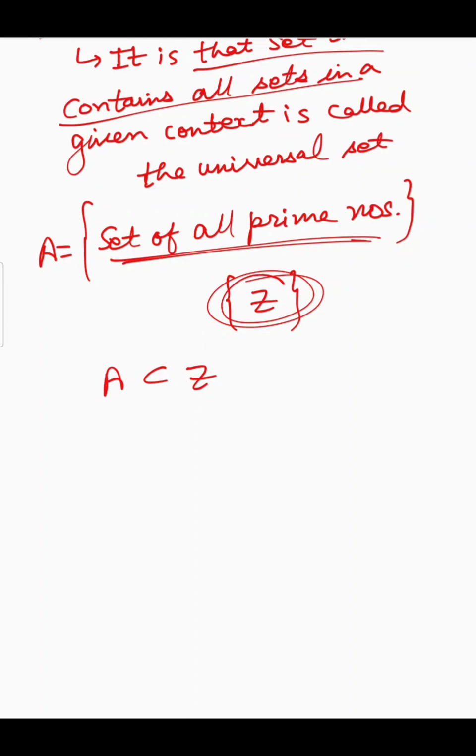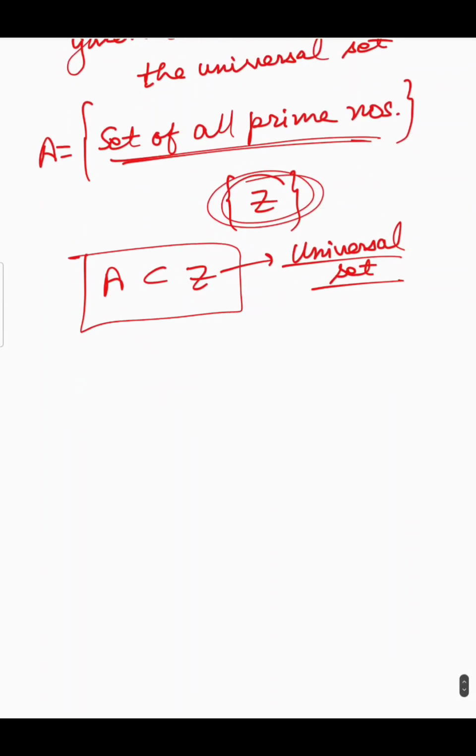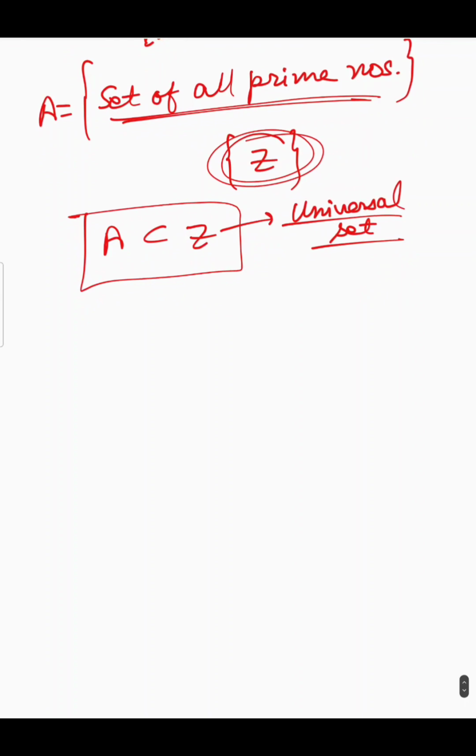A is a subset of Z. Z क्या है? सुपर सेट और यूनिवर्सल सेट है. यहाँ Z एक बहुत बड़ा सेट है, एक यूनिवर्सल सेट की तरह बहुत जगह पे काम आएगा. ओके, क्लियर?